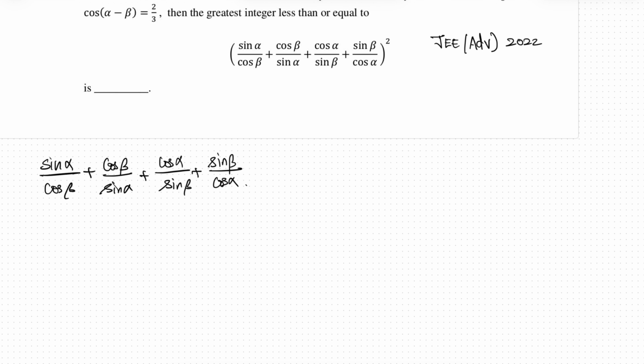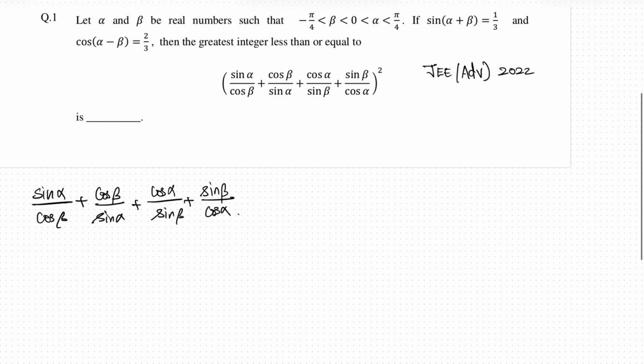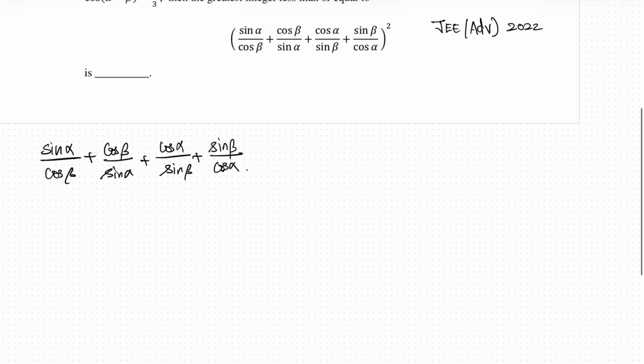All right. So with the help of sin of alpha plus beta and cos of alpha minus beta, we are going to simplify this expression. The formula for cos of alpha minus beta is cos alpha cos beta plus sin alpha sin beta. If I club these two together and these two together, sin alpha and sin beta get multiplied, and cos beta and cos alpha get multiplied. Thereby in the numerator we will have cos of alpha minus beta.